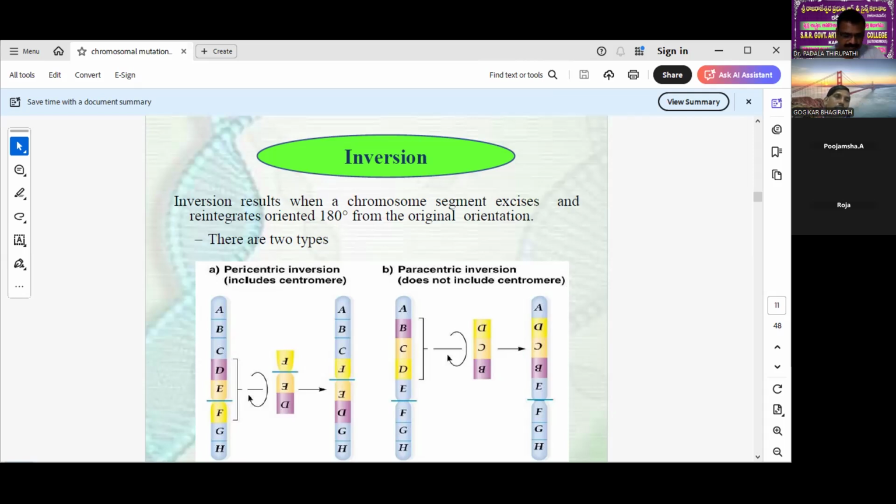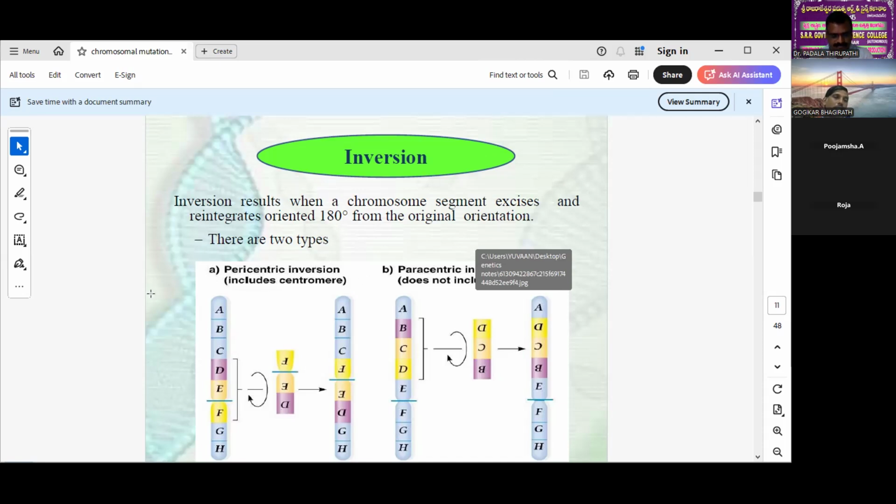So it will rotate 180 degrees, and breaks take place, and at the exact same place reunion takes place. Based on whether the inverted segment of the chromosome has the centromere or not, inversion is again divided into 2 types: pericentric inversion and paracentric inversion.